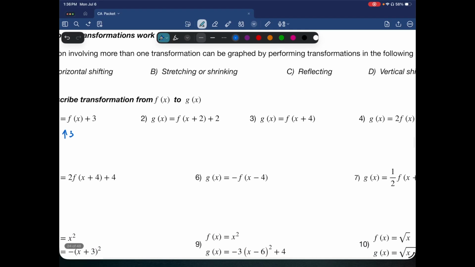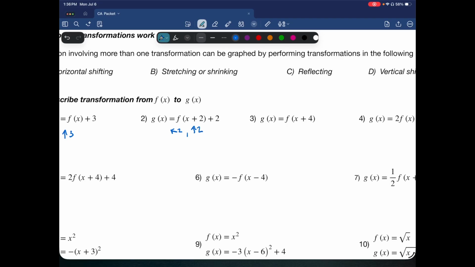On number 2, you got 2 inside and 2 outside. The 2 inside is plus h, which means minus or left 2. So I got left 2, and then up 2. So left 2 and up 2.